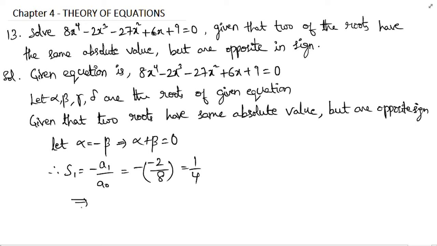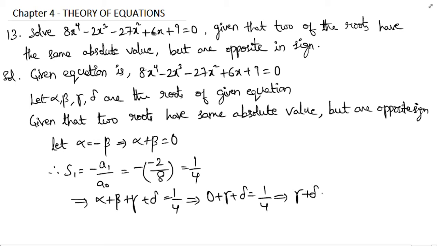So that implies alpha plus beta plus gamma plus delta is equal to 1 by 4. That implies alpha plus beta we have it as 0. So 0 plus gamma plus delta is equal to 1 by 4. That implies gamma plus delta value is equal to 1 by 4.